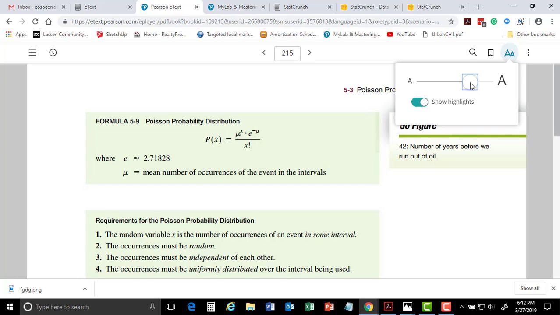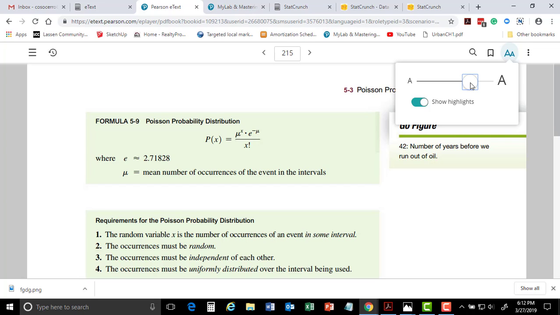Is that discrete or continuous? Here's what needs to follow in order to use the Poisson. Remember the other one had to be win or lose? This one is a random variable x for the number of occurrences, and it works for some interval. When you want to calculate a probability and it tells you that so many things happen in a certain time interval, you want Poisson.